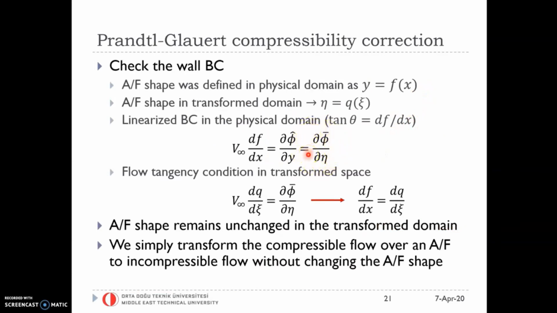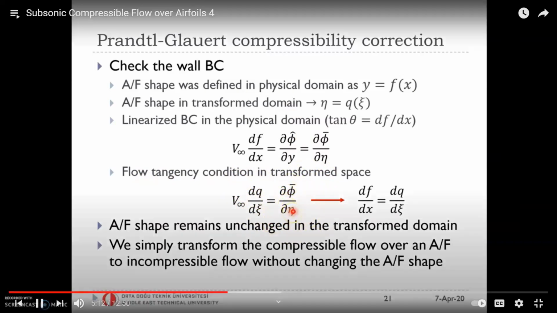Now let's look at the flow tangency condition in the transform space by looking at the dq over dxi term. It would be equal to d phi bar over d eta. Of course, V infinity times dq over dxi equals del phi bar over del eta.